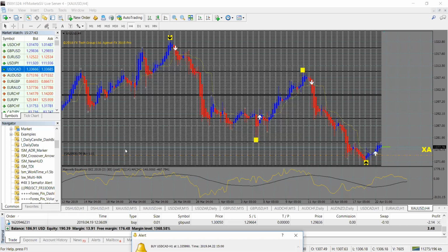One of the key important elements of the template that I will be showing you, especially for newbies, is first and foremost, the yellow box with the black arrow. The yellow box with the black arrow that you see here is a point of reversal in the market. If you understand price action very well, you understand that whenever the market makes a move up, there's usually a correction, then it makes another move up.